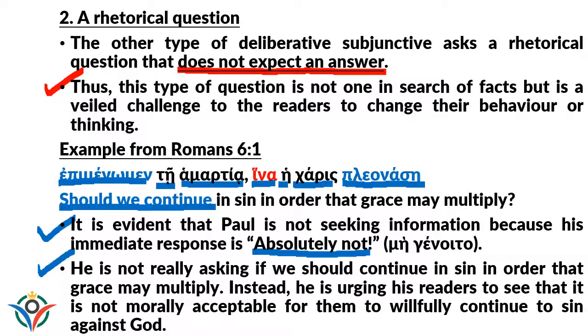So Paul is not really asking if we should continue in sin in order that grace may multiply. Instead, he is urging his readers to see that it is not morally acceptable for them to willfully continue to sin against God. So it's a veiled challenge to his readers to change their behavior or their thinking.